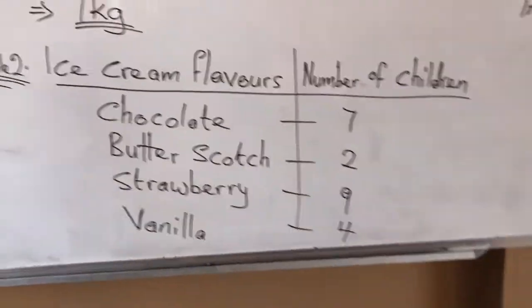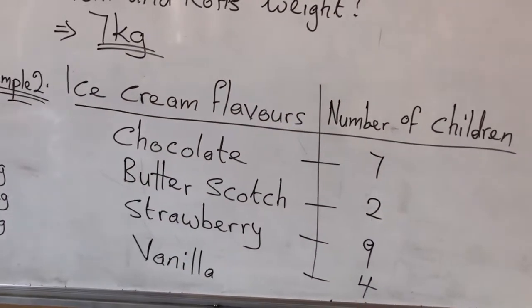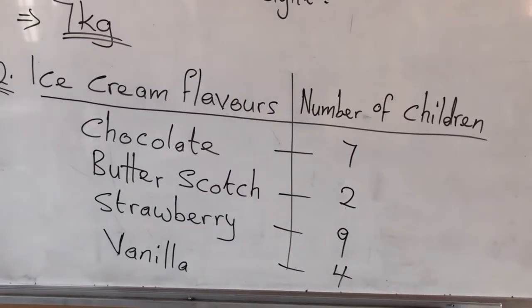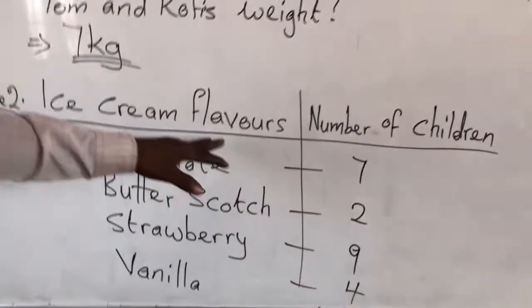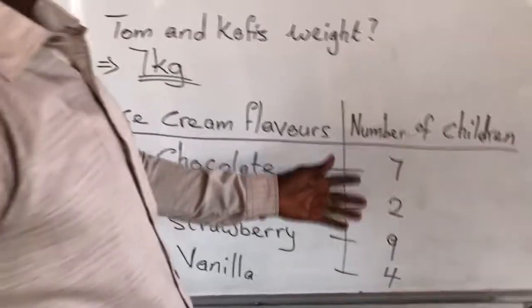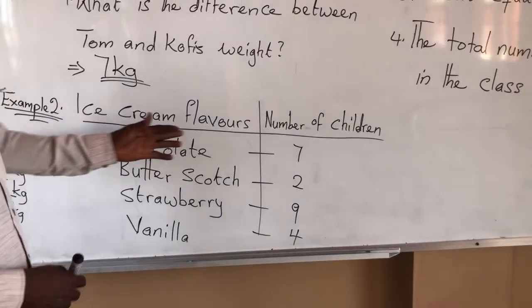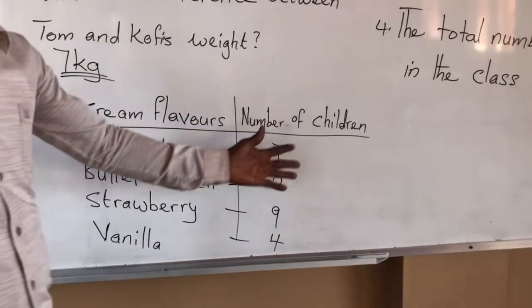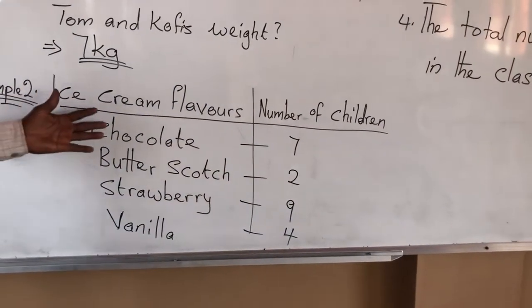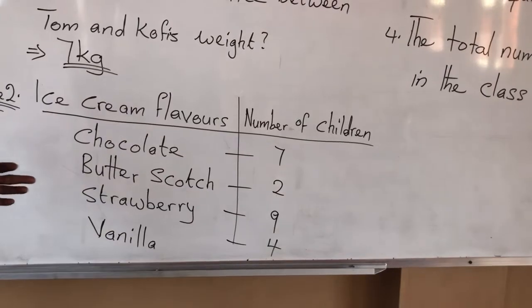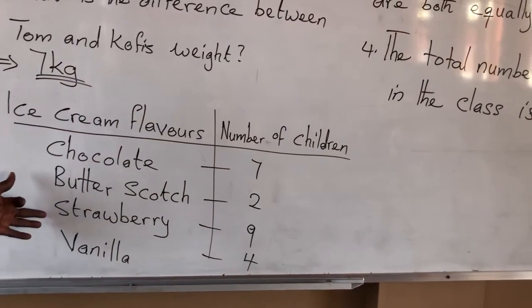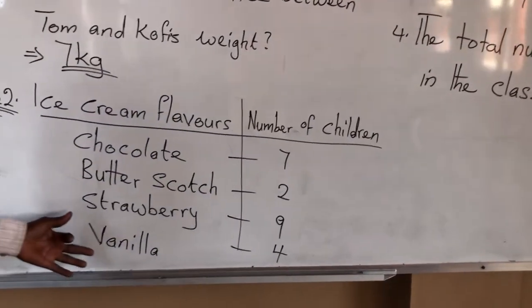Let's quickly look at what they are telling us. We have ice cream flavors and then the number of children. The flavors are chocolate, butterscotch, strawberry and vanilla.